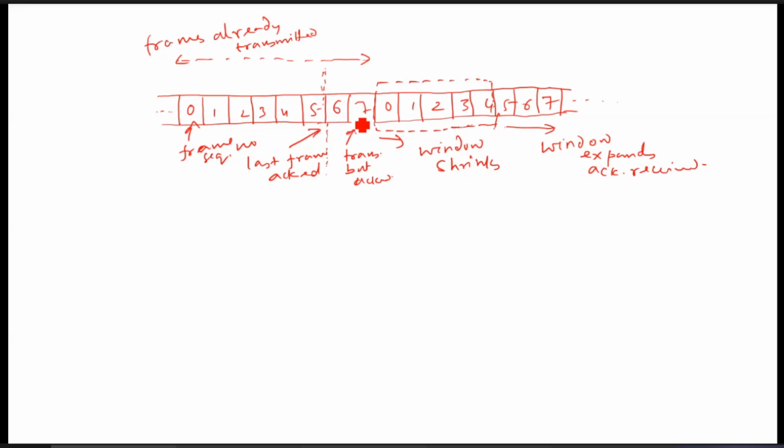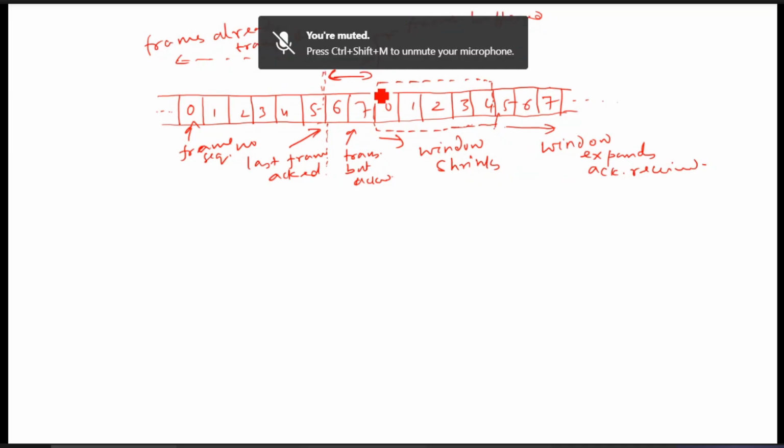In this case, the frames 6 and 7 will be buffered at the transmitter until acknowledgement. If there is no acknowledgement, they may be retransmitted. That's why the frames are buffered until acknowledgement.